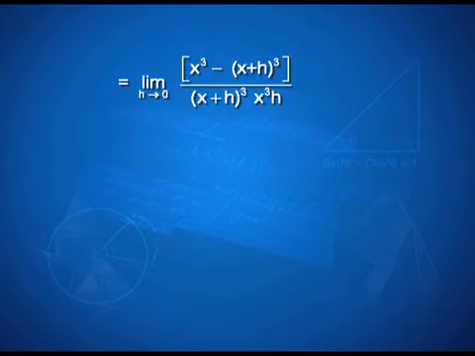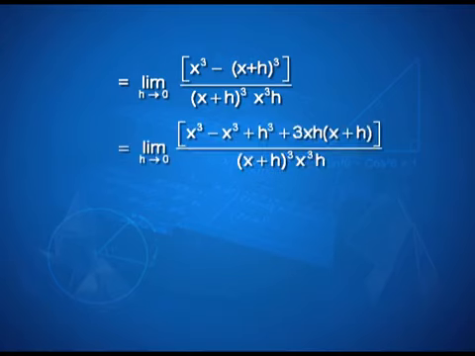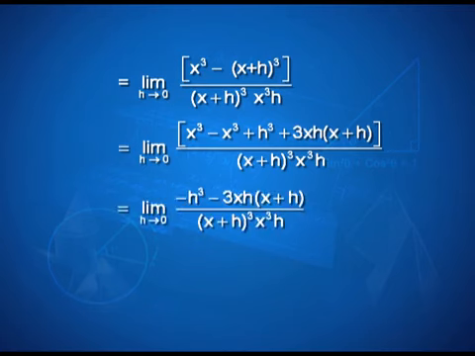Now, by expanding the cube, we have limit x cube minus x cube plus h cube plus 3 x h into x plus h upon x plus h whole cube into x cube into h as h tends to 0. This is equal to limit minus h cube minus 3 x h into x plus h upon x plus h whole cube into x cube into h as h tends to 0.